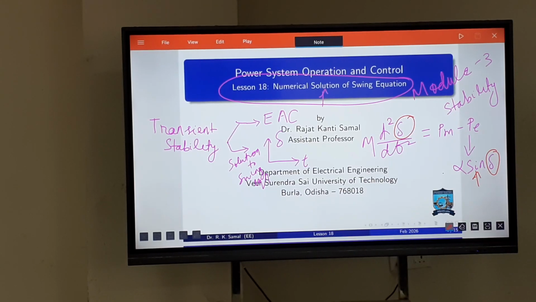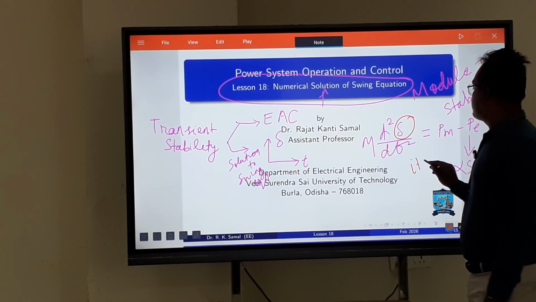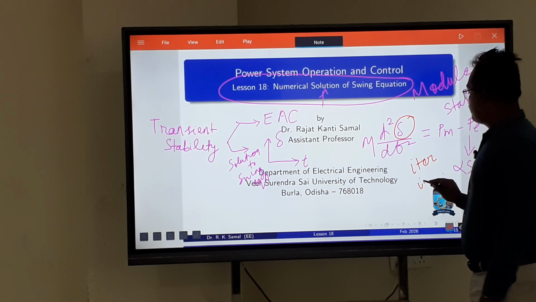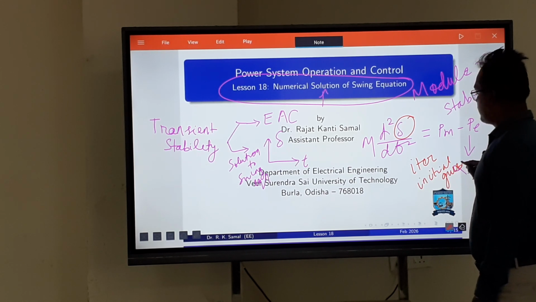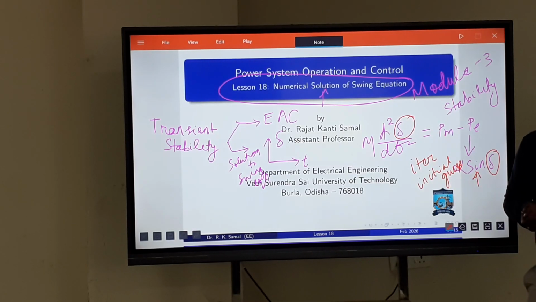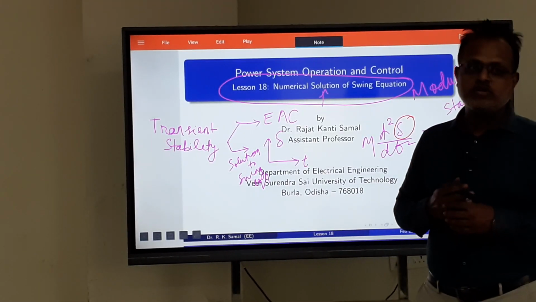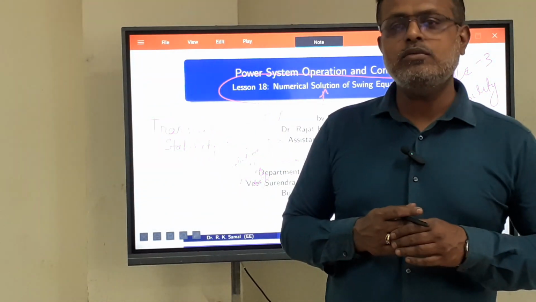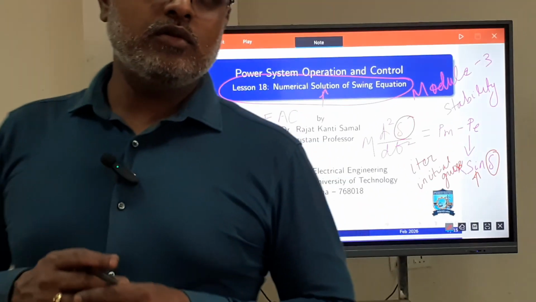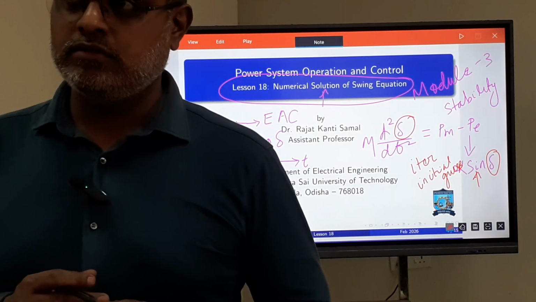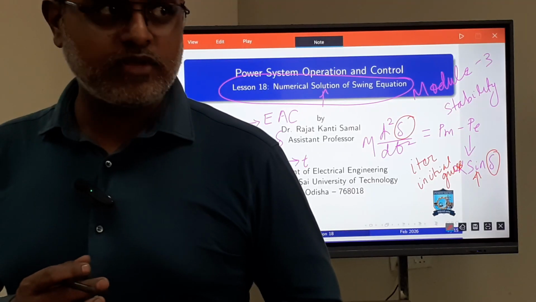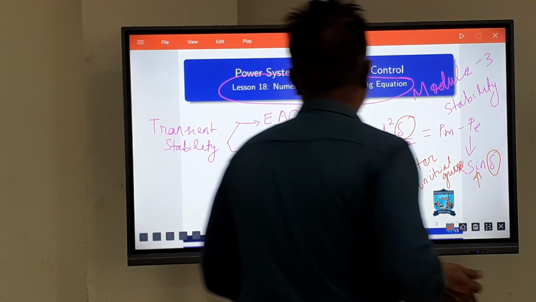Because of this, it is a nonlinear equation, and we can only solve it by iterative methods. We take an initial case, and then iterate. There are several established methods for solution of the swing equation. For you, we will discuss the simplest one, known as the point-by-point method or step-by-step method of solution.